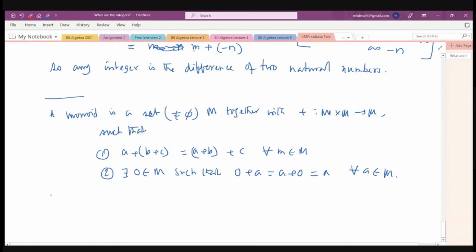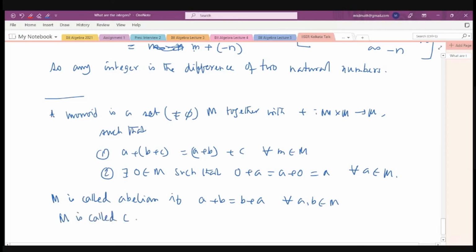Now, M is called abelian if I have commutativity, and M is called cancellative if A plus C is equal to B plus C implies A equals B. Very simple definition.